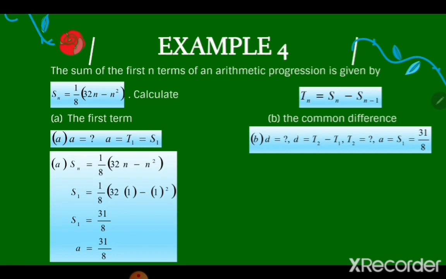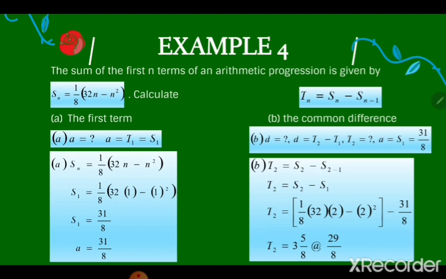So, we need to find T2. Of course, T2 is equal to S2 minus S1. You know that Sn is as given, 1 over 8 and so on, so you just substitute n with 2. And S1 we calculated before, which is 31 over 8. Just do the rest of the calculation. We will have 29 over 8 for T2.